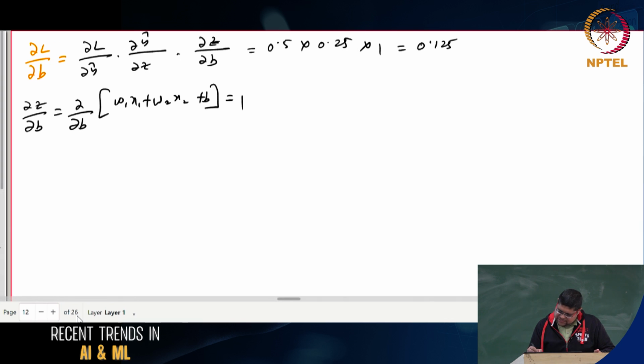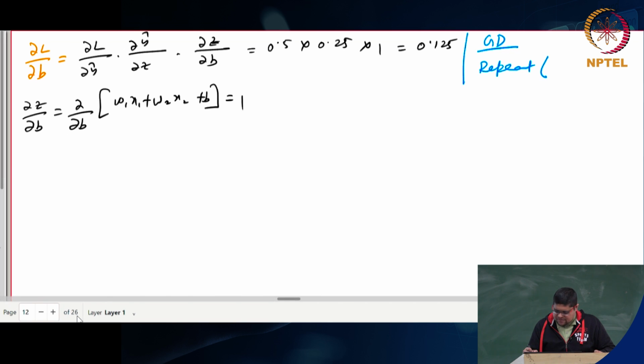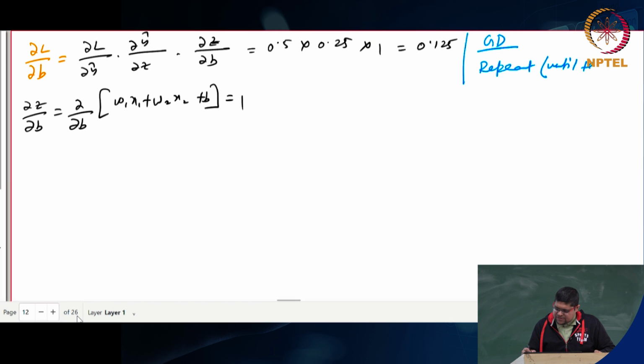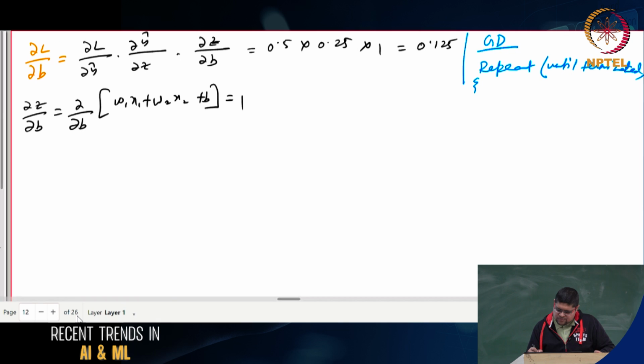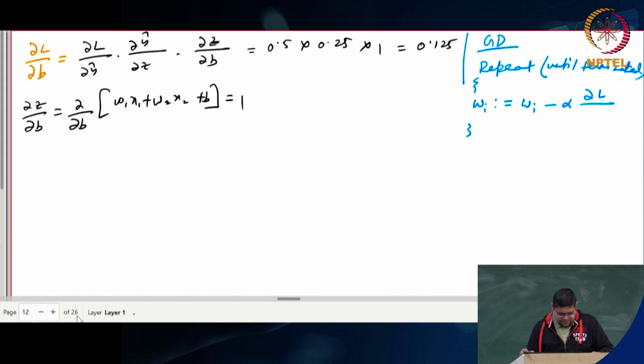In gradient descent, GD, I am writing it this way: you have to repeat until terminated, which means you have to put some termination criteria. What those will be we may discuss later, but the formula is Wi equals Wi minus alpha into del L by del Wi.